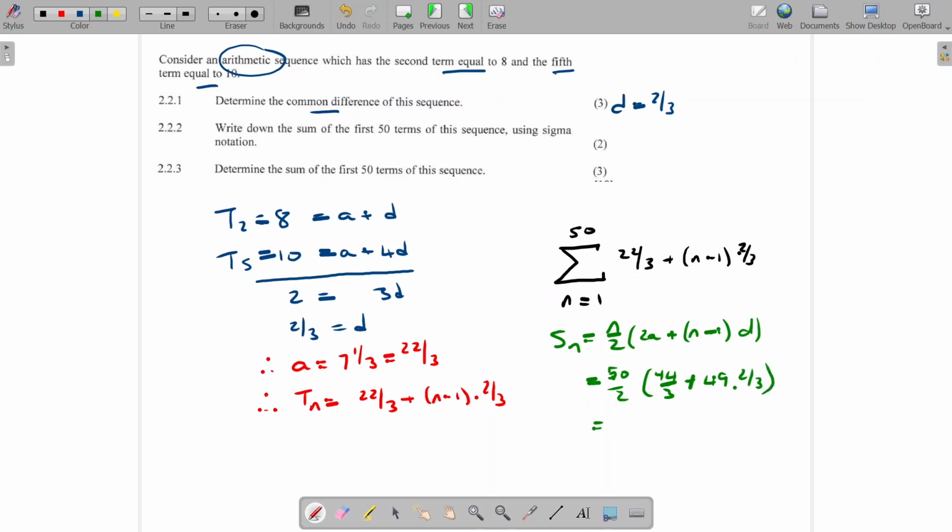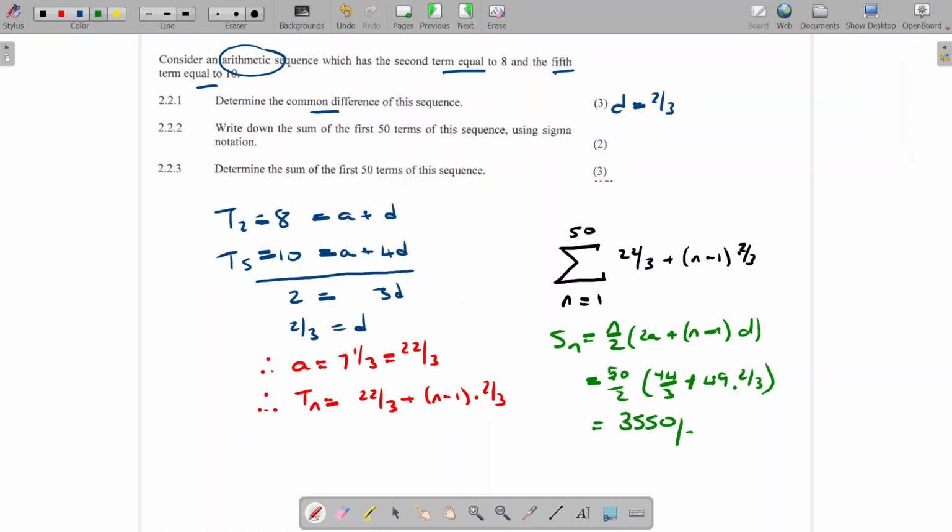I'll plug it into the calculator: 25 times brackets 44 divided by 3 plus 98 divided by 3 equals 3550/3, and there's my answer. But again, please notice how they asked you for question 2.2.2 to express the thing in sigma notation.